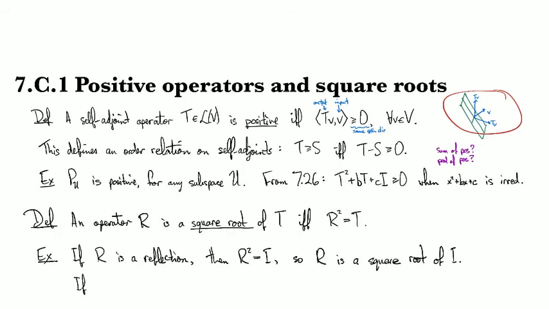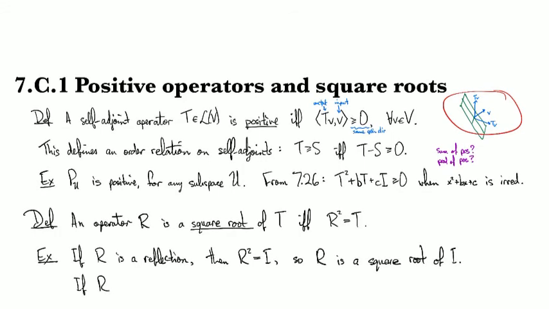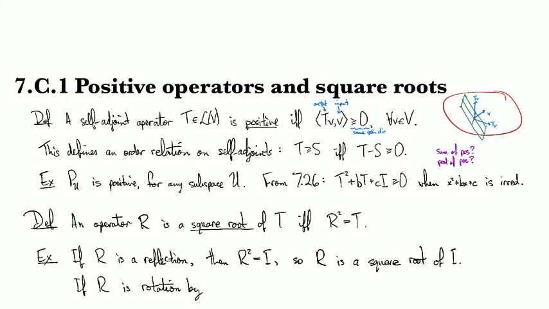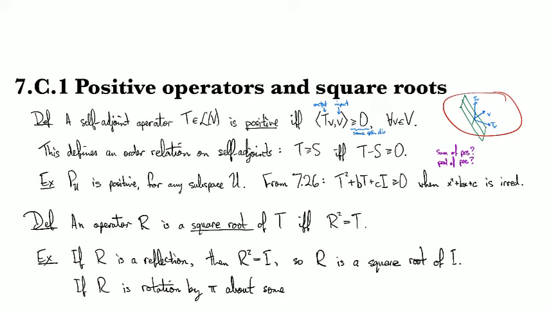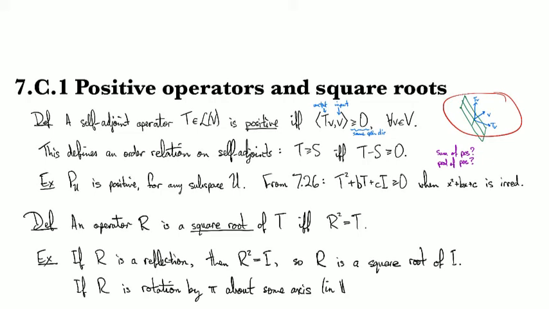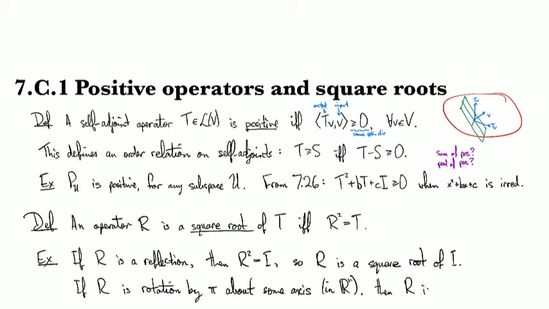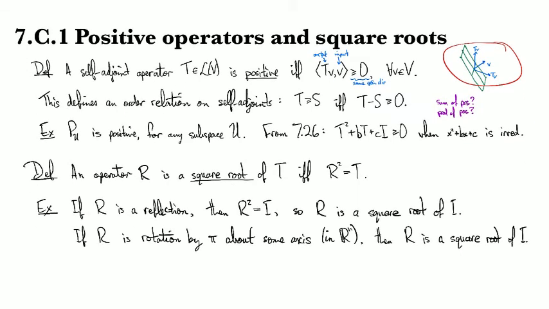If R is rotation by pi about some axis, and here we're assuming that the vector space is some Rn or Cn, then R is a square root of the identity again, because if you rotate by pi and then rotate by pi again, you've rotated by 2 pi, which is the identity.